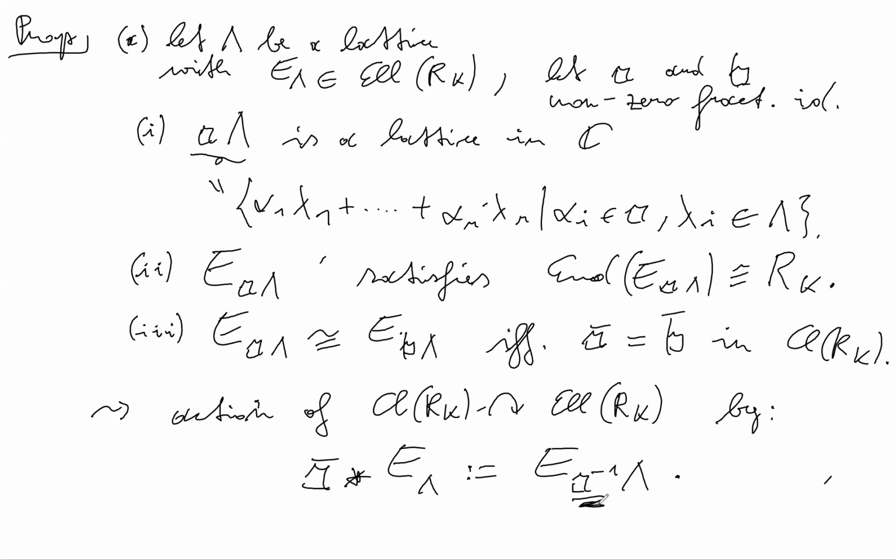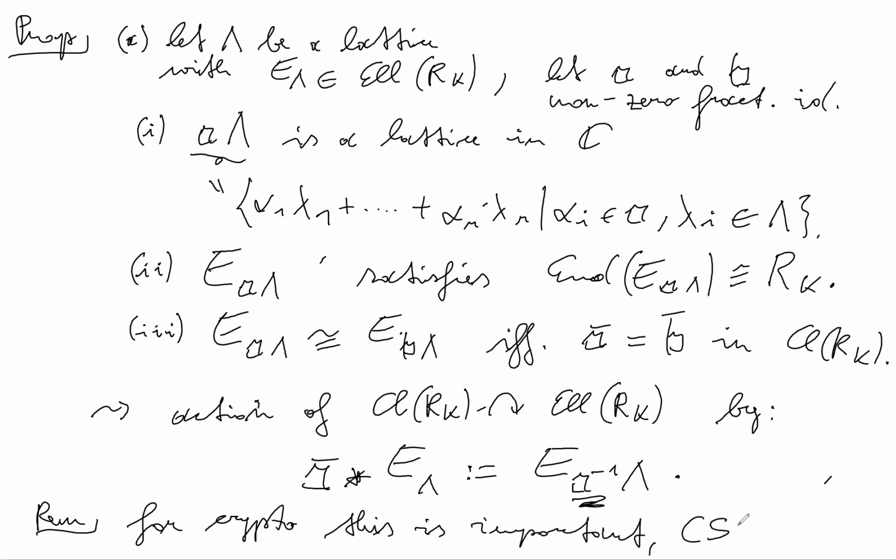And now let me interject here just a remark for cryptography, actually important. There's a crypto system called CSIDH, which exactly considers this group action as something called a hard homogeneous space.